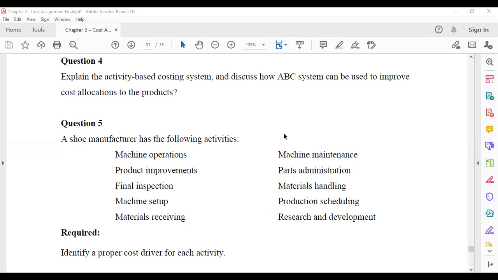But in contrast, under a traditional costing system, the belief was product causes the cost.